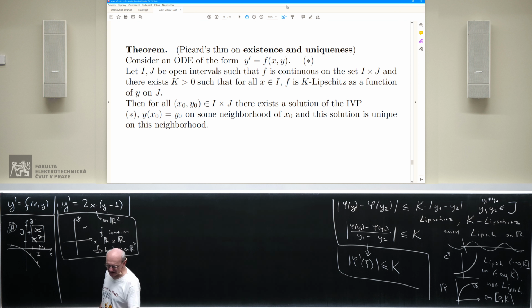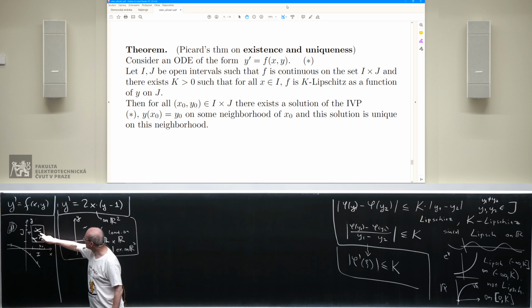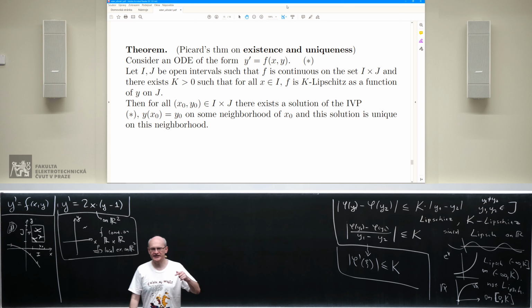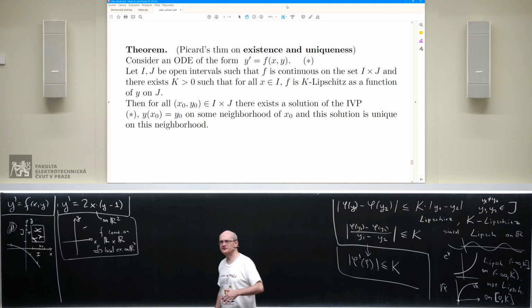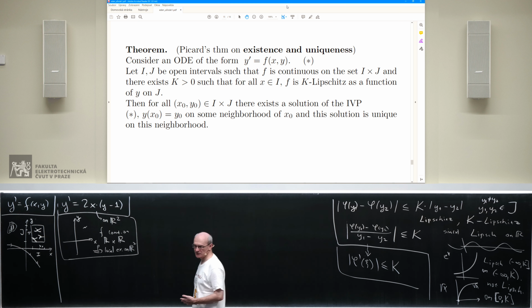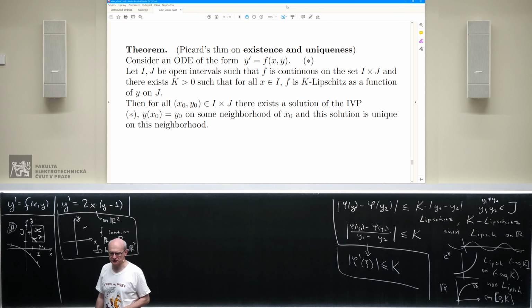Okay. And it says, if you have this, then through every point there is a solution, a local solution, and moreover, it's unique. So now we know that these three cases, the join, the split, the cross, they are not allowed if the right-hand side is Lipschitz, which means if the feedback is gradual, which happens a lot with differential equations. So this is a very strong theorem.